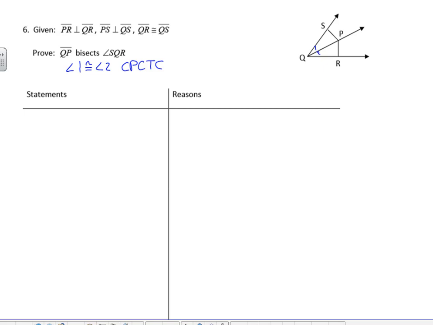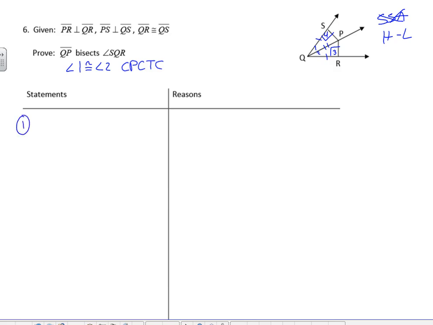We're given that PR is perpendicular to QR, so I'm going to call that angle 3. And PS is perpendicular to QS, I'm going to call that angle 4. Got a right angle. Okay, then I've got QR congruent to QS, and then my freebie by the reflexive property. So as I look at those triangles, I see side-side angle. Can't do that, but because they're right angles, I can do hypotenuse leg.